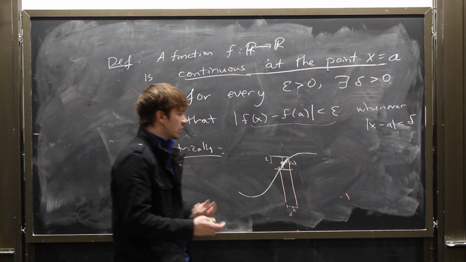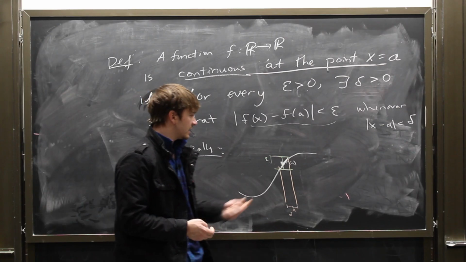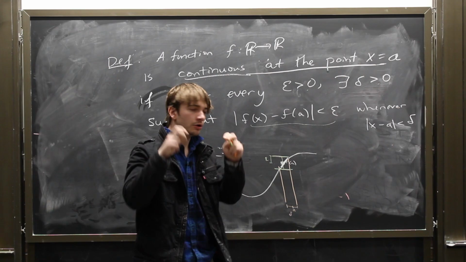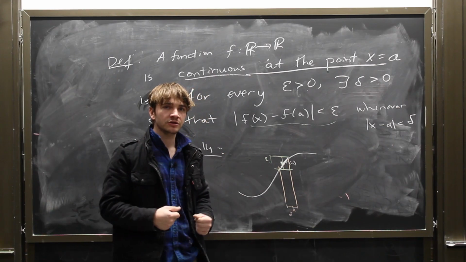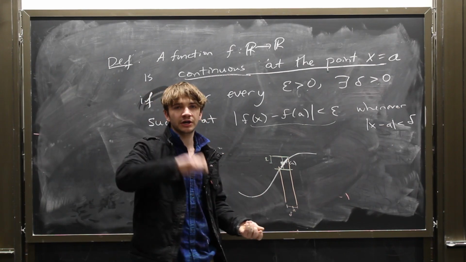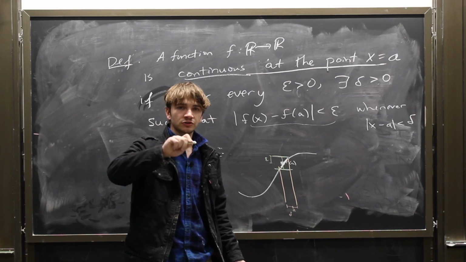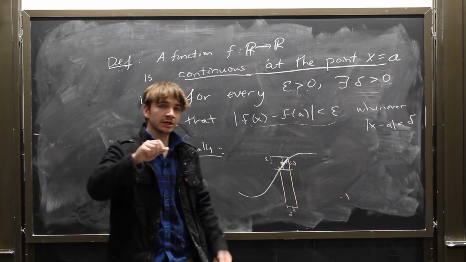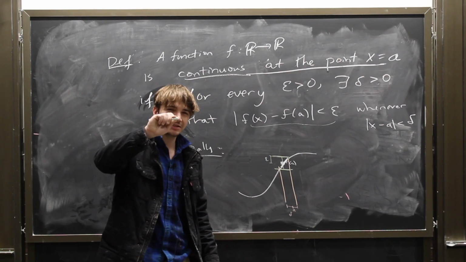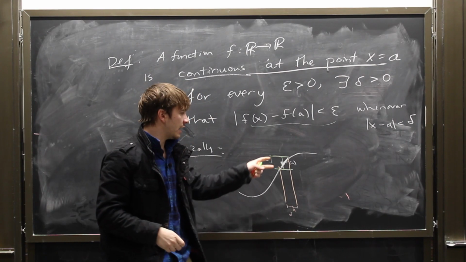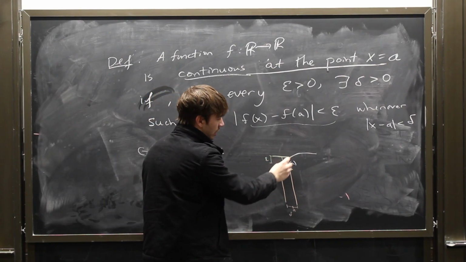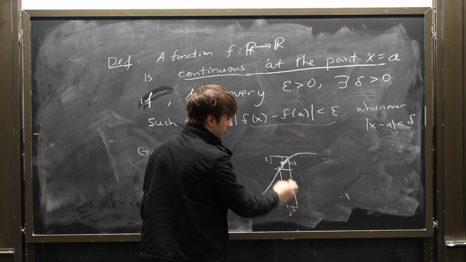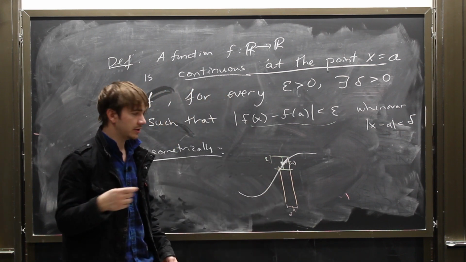Okay, so this is a local definition which essentially says that near this point a, the values of f of x are close to the values f of a. So it's almost a local version of being able to draw your pencil. In order to draw your pencil, you can't teleport from one location to another location. And so locally, at each instant of time, you need that the values of the function are close, in some sense, epsilon close to each other when you're in a delta neighborhood, okay?